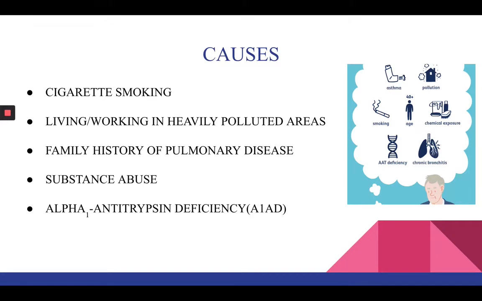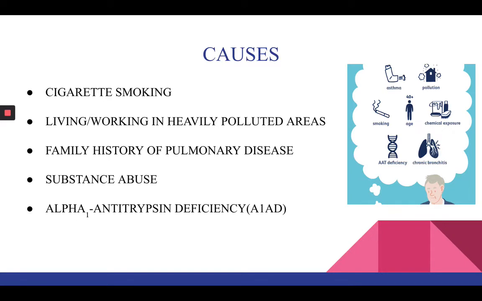Other causes include living or working in areas with high levels of air pollution, which causes long-term exposure to pollutants that irritate the airway and lead to COPD. Family history of pulmonary disease may increase chances of getting COPD.